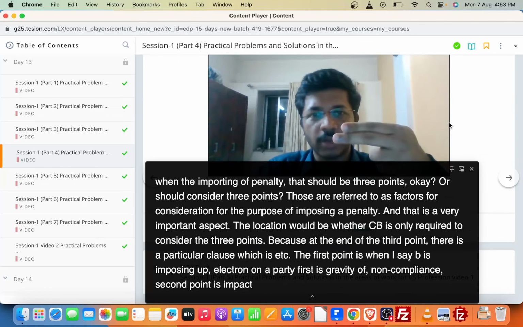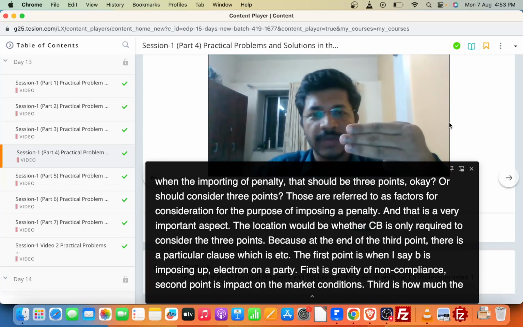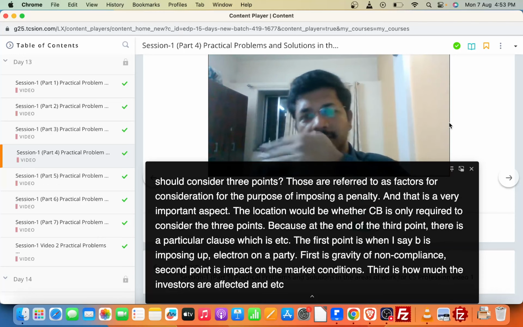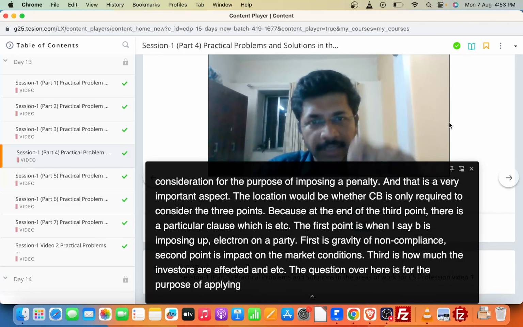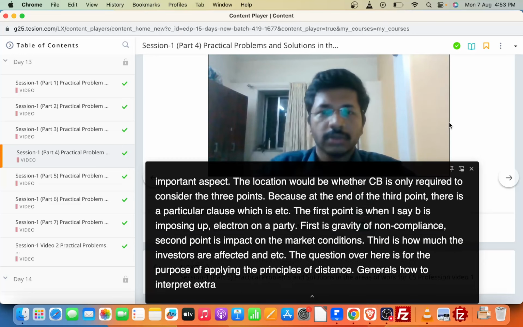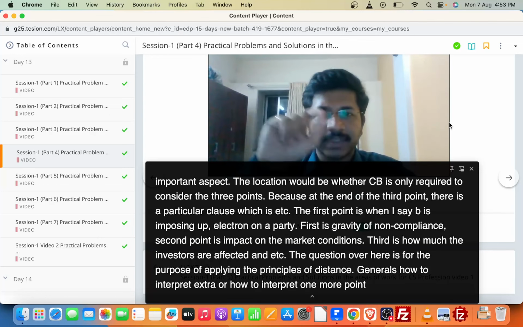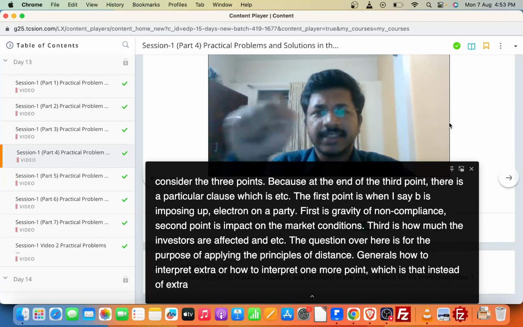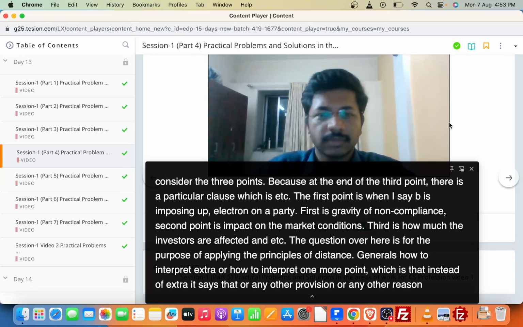Second is the impact on the market conditions. Third is how much the investors are affected, and etc. So the question here is, for the purpose of applying the principle of ejusdem generis, how to interpret the one more point which says, instead of etc., any other provision or any other reason.